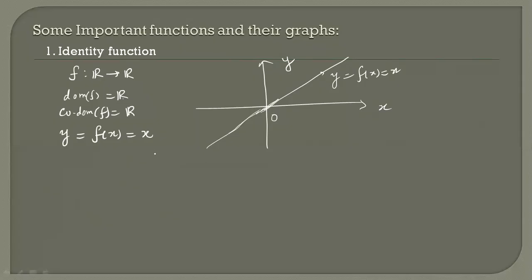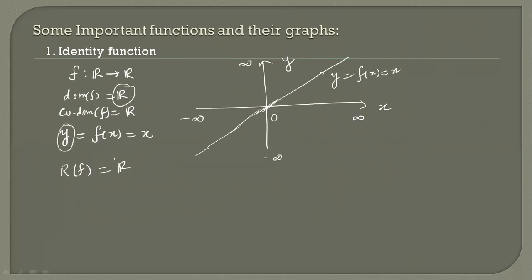If you see the range of this function, it is covering all values of y. So the range of f is again the real numbers, because for every x we will get a value of y, meaning every element has an image. And the elements are coming from the real numbers, so the image will also be a real number.